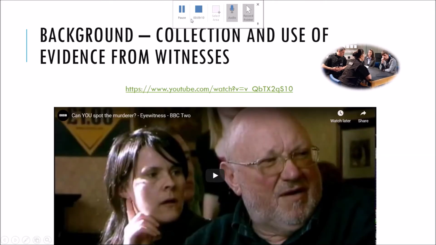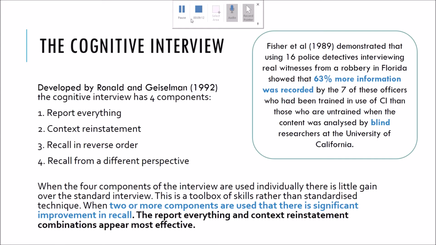What I would say as well is that components 3 and 4 are quite useful when you're trying to establish if somebody is lying. Usually if you are giving false details, then you've thought out those false details and you're presenting them in a certain way.